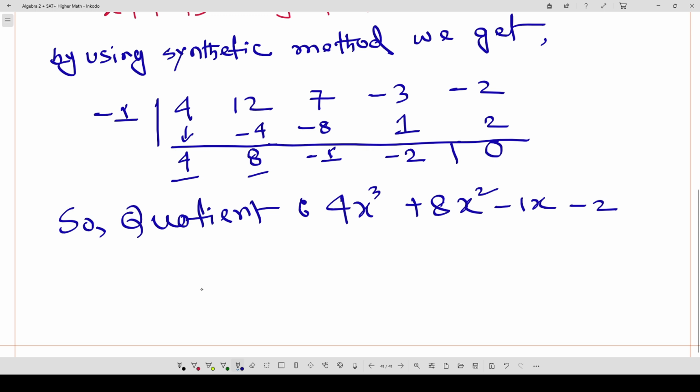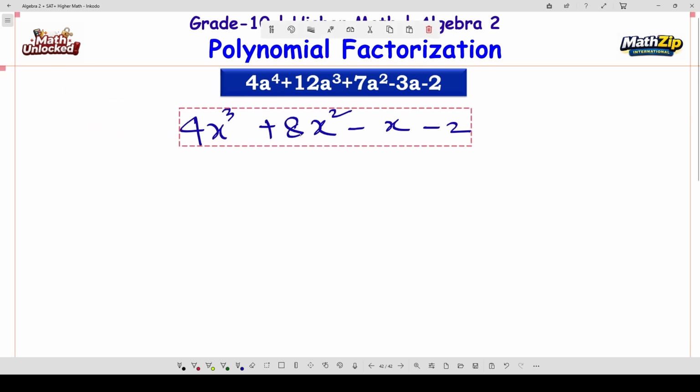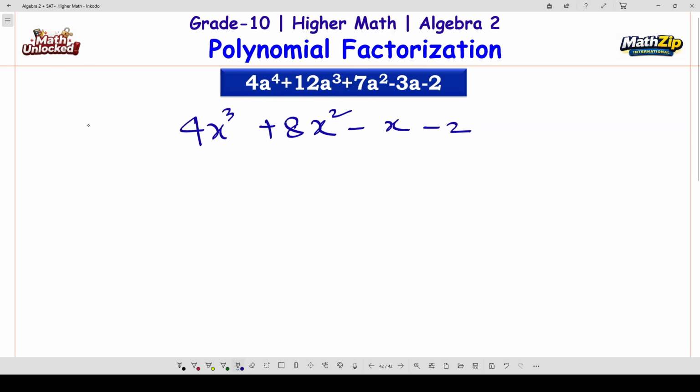Now again, here we get 4x cube plus 8x square minus x minus 2. Now let's say this one is a function of x equals to this.